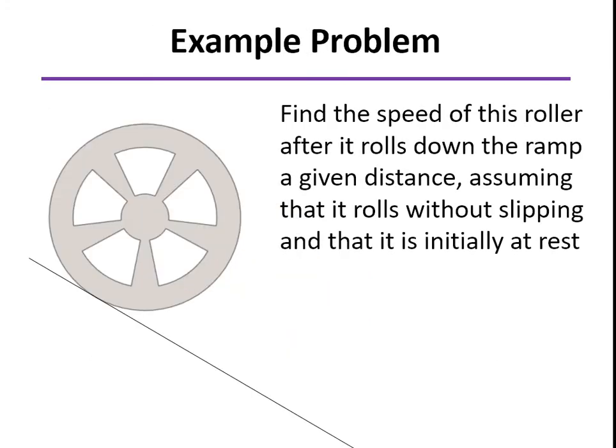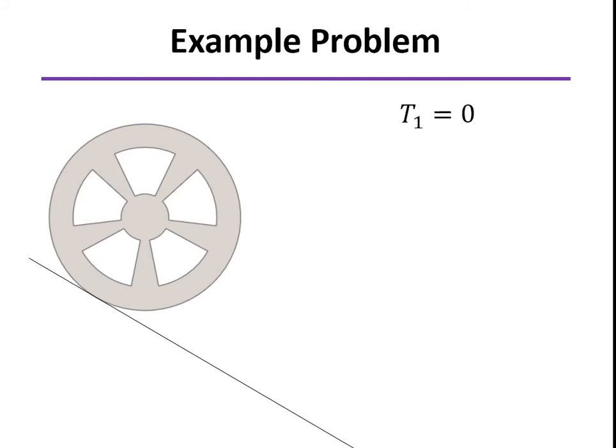In fact, if we look at an example problem like this, we're going to drop this roller, or let it go from rest, and we want to know how fast it's going after it's rolled a certain distance down a ramp. And again, the assumption is that it rolls without slipping. So if we start from rest, then the initial kinetic energy is equal to 0.